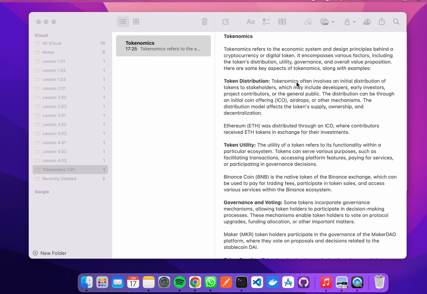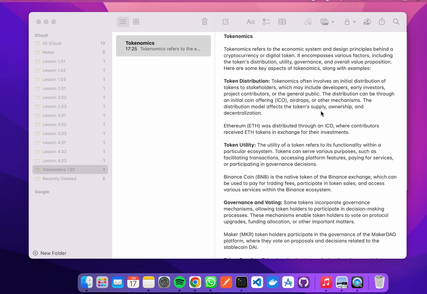The first thing we're going to discuss is the token distribution. Remember again, all this information can be found on the crypto white paper like we discussed on our previous lesson. The token distribution involves an initial distribution of tokens to stakeholders, which may include developers, early investors, project contributors, or the general public.